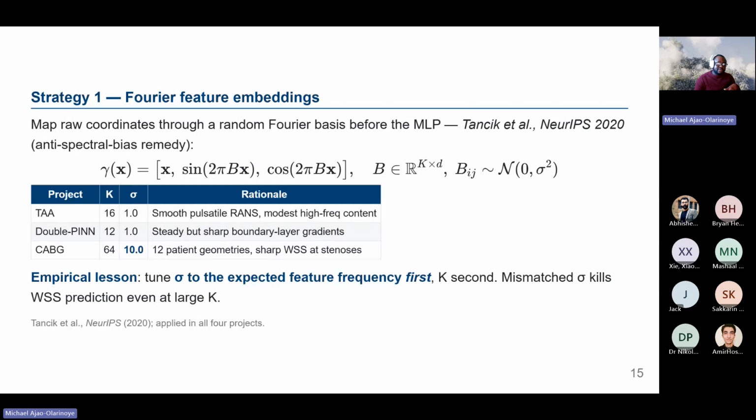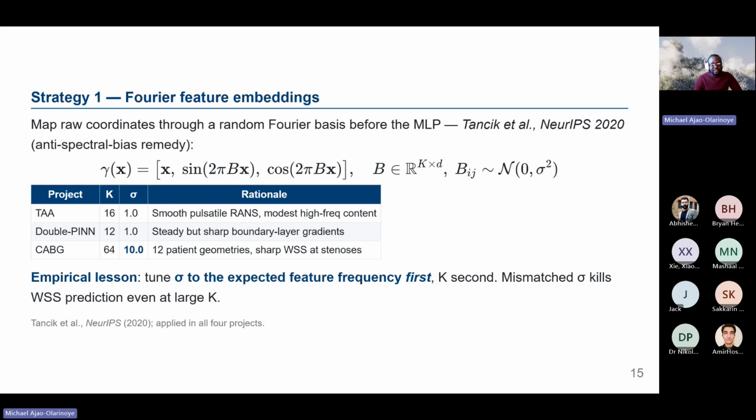This method was taken from Tancik et al., presented at the NeurIPS conference in 2020. It's very good to understand because it helps with the spectral bias problem that most PINN models usually get lost in.